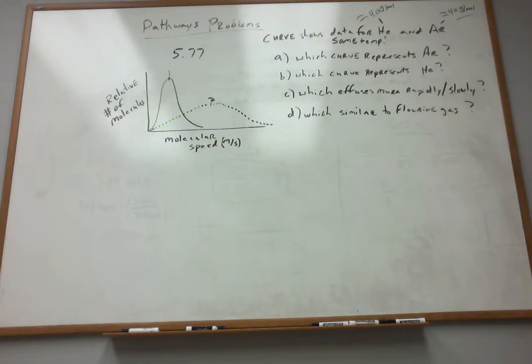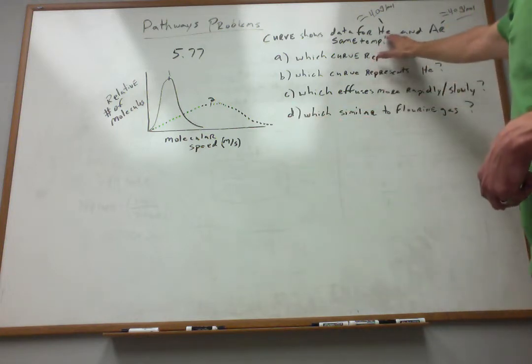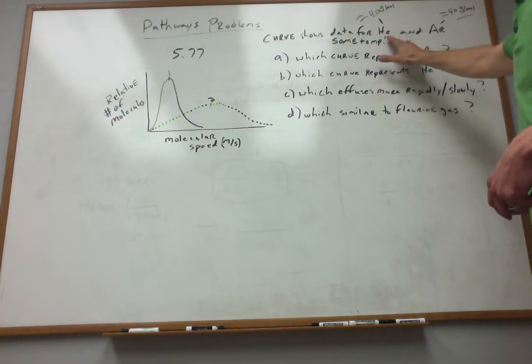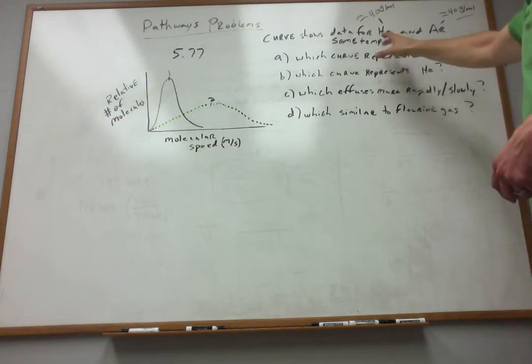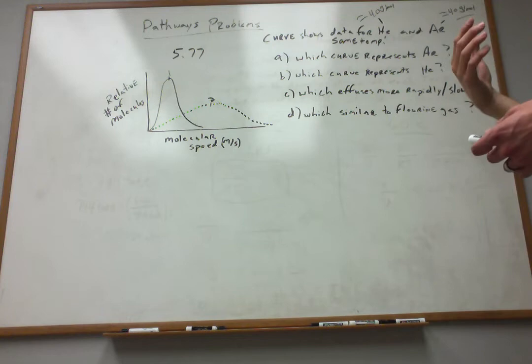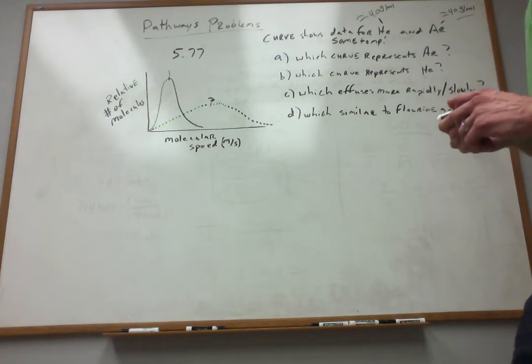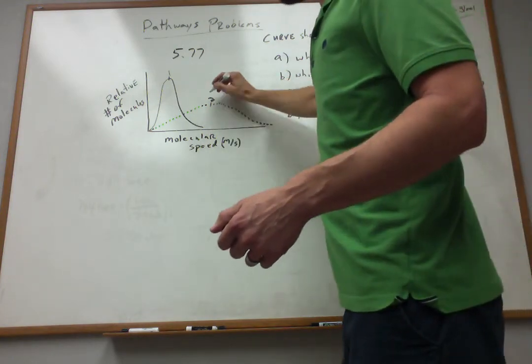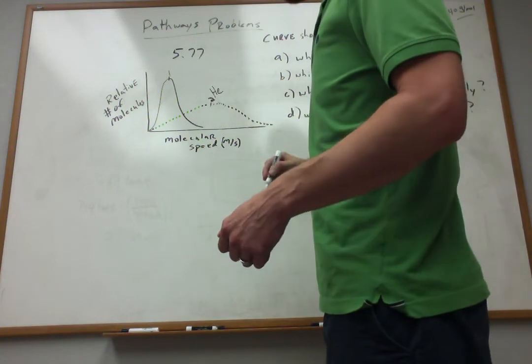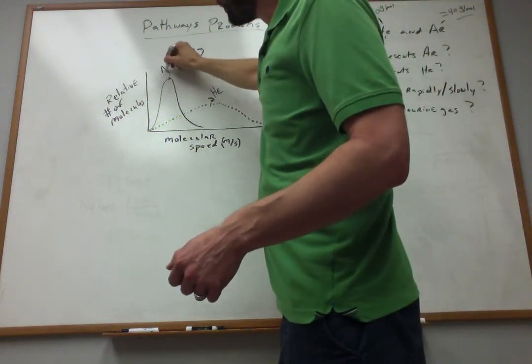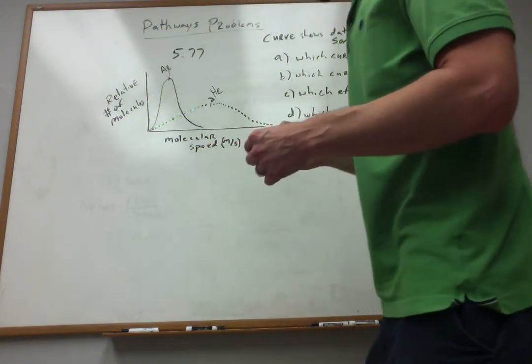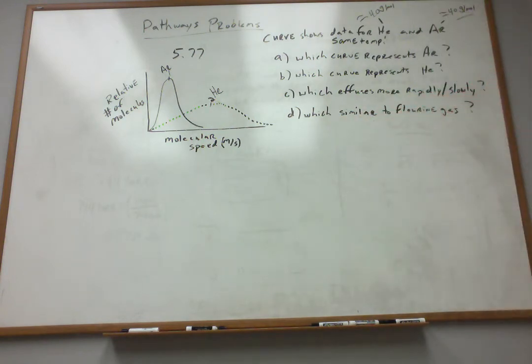So what does that mean for this plot? Well, based on the fact that helium is so much lighter than argon, I would fully expect helium to be moving much more rapidly than argon. So number 2 probably represents helium, and number 1, with the lower average velocity, represents my more massive argon. So that helps us with A and B here.